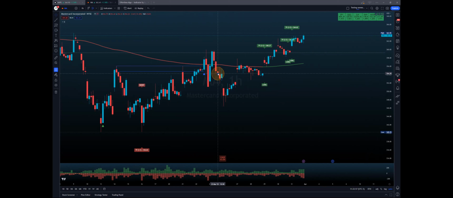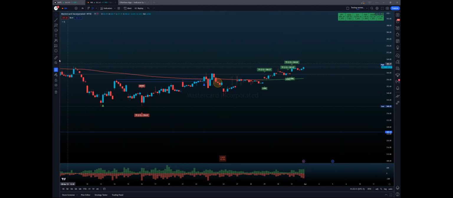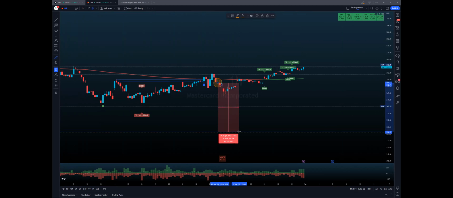So I put up $1,500 of collateral and I collected 49 bucks per contract, which again might seem like a stupid risk to reward, but the stock would have had to move, let's see, over 8% in a week.